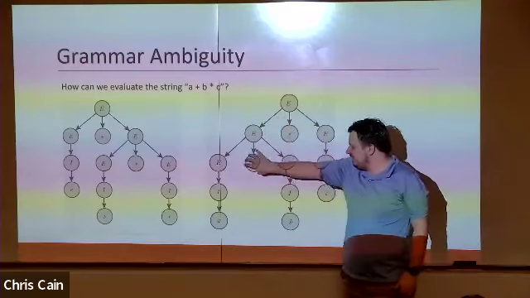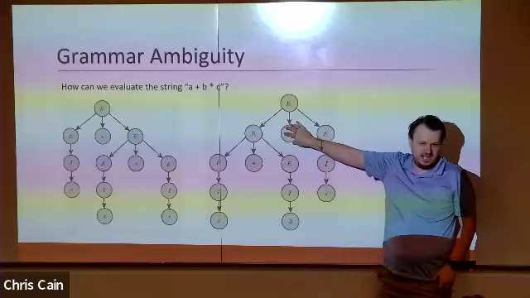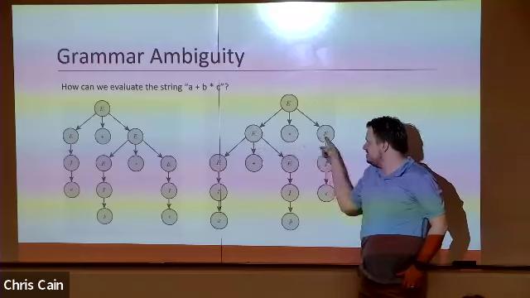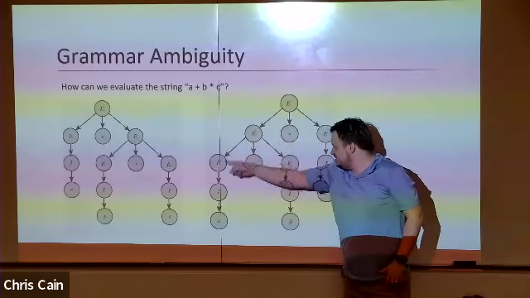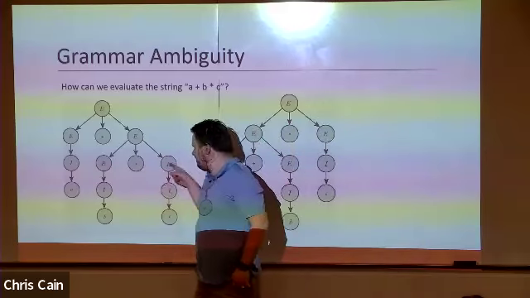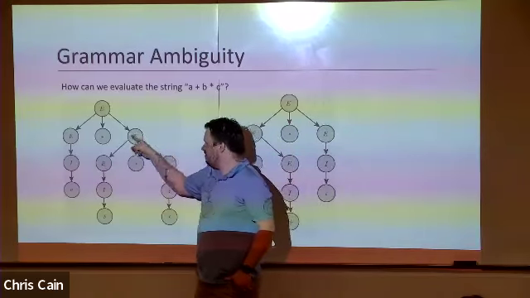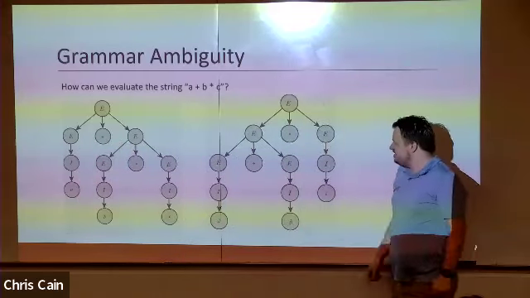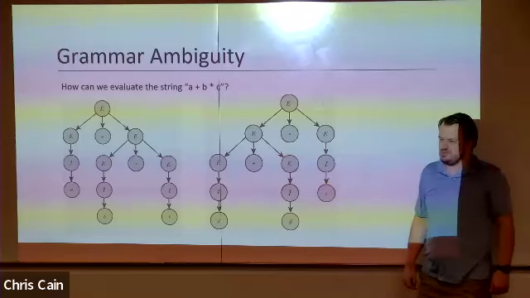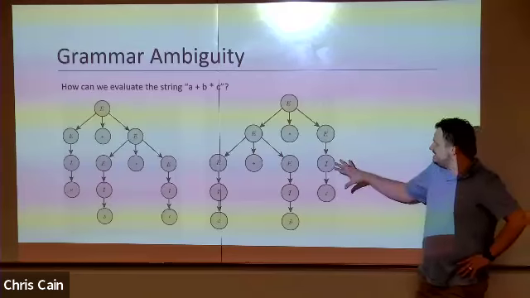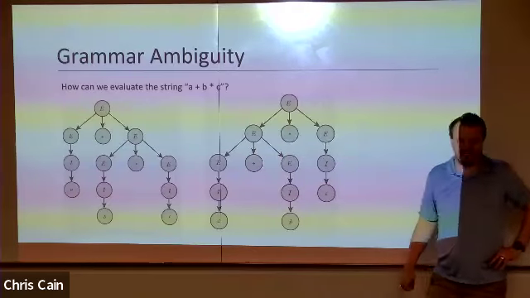You see how we need to evaluate this plus before we evaluate this times, according to this parse tree. To know what this E even is to do this multiplication, we need to have evaluated this plus. But in this parse tree, we need to evaluate this times at this level before we can evaluate this plus. So depending on how the parse tree is built, we have different precedents embedded inside of the parse tree that's generated.